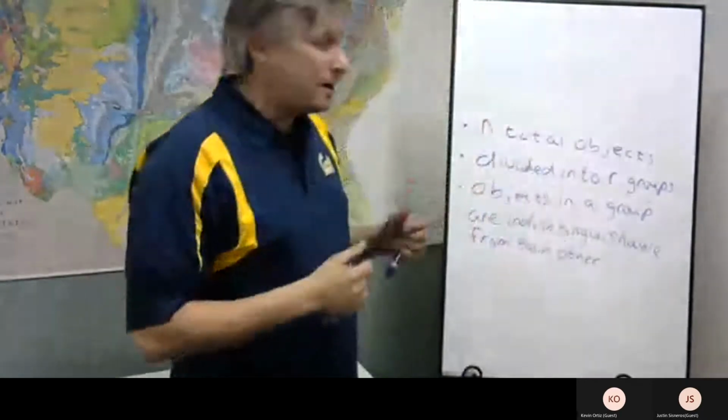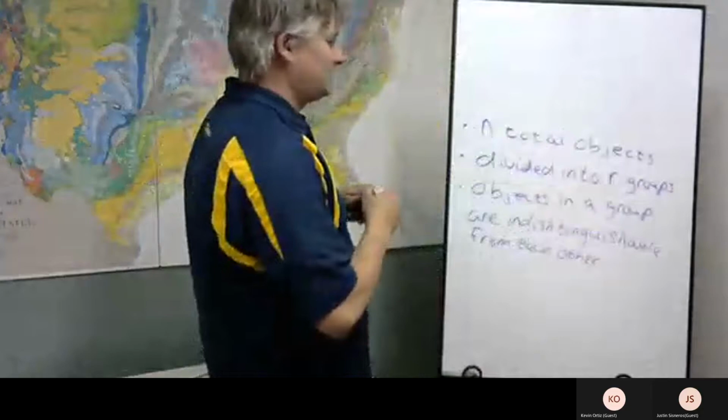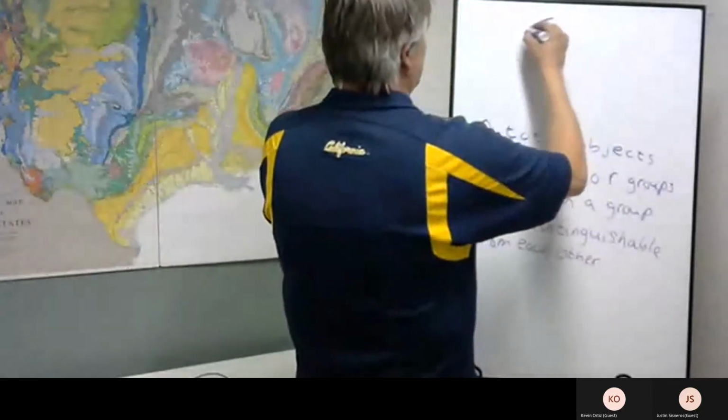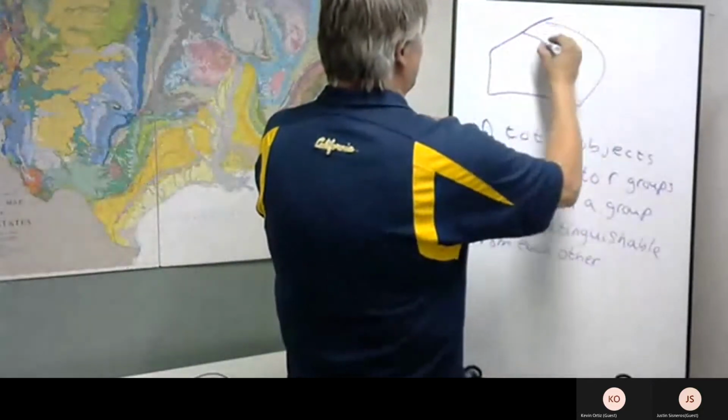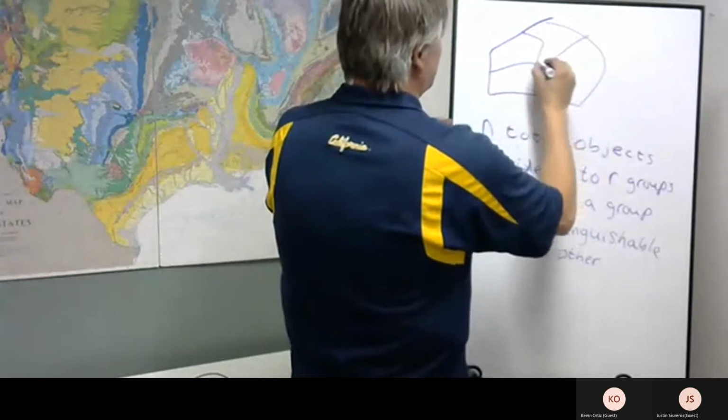We have N total objects. We divide them into R groups. And this is our collection of objects. We're going to divide them into groups.